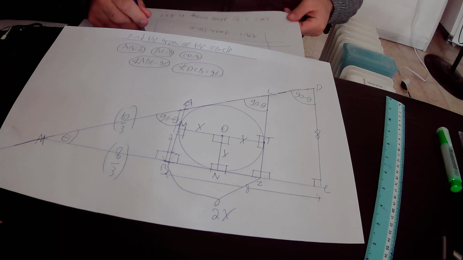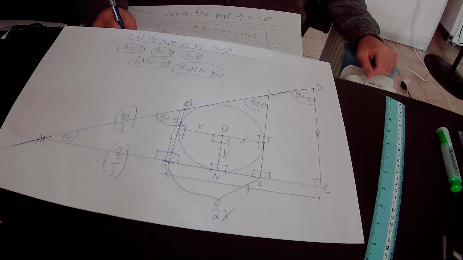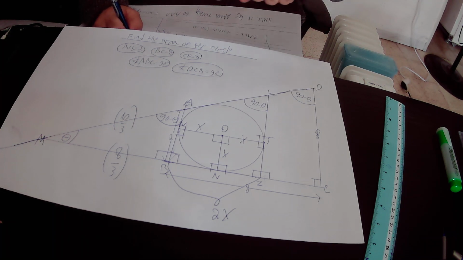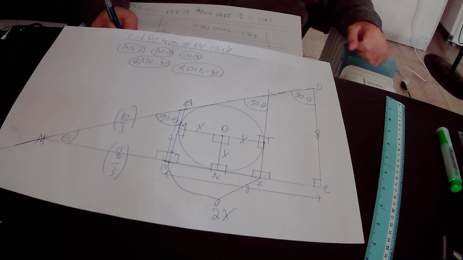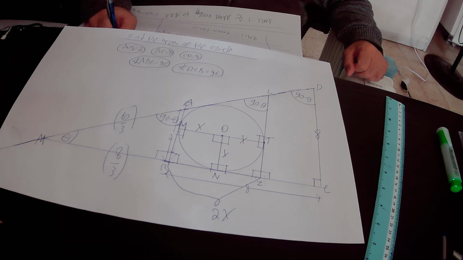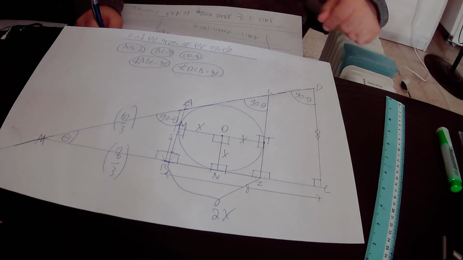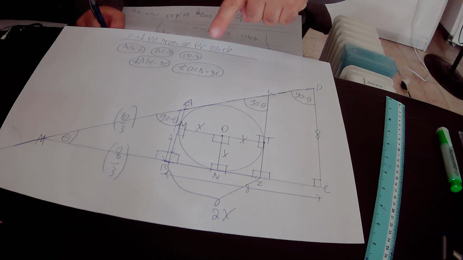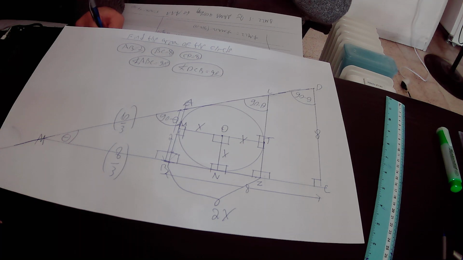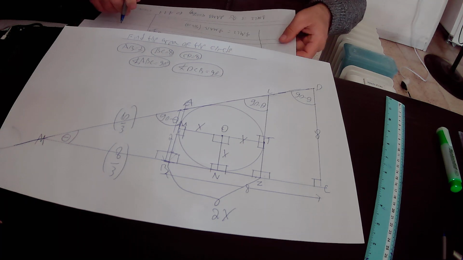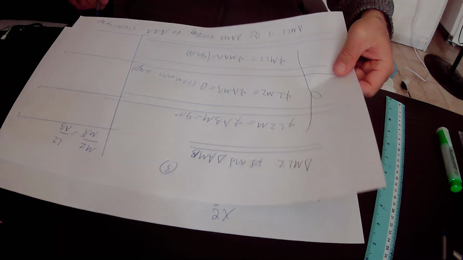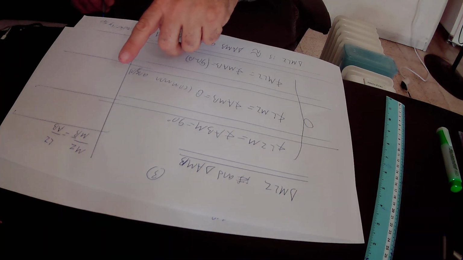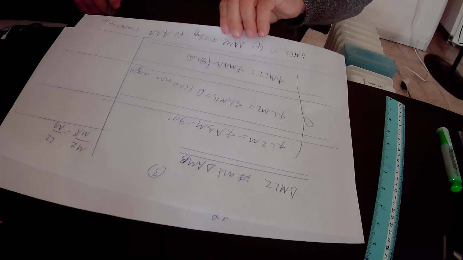MZ in the big triangle over MB in the small triangle is equal to LZ in the big triangle over AB in the small triangle. I'll repeat again: MZ over MB equals LZ over AB.